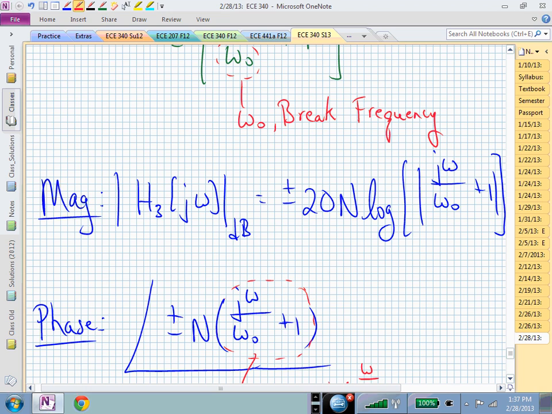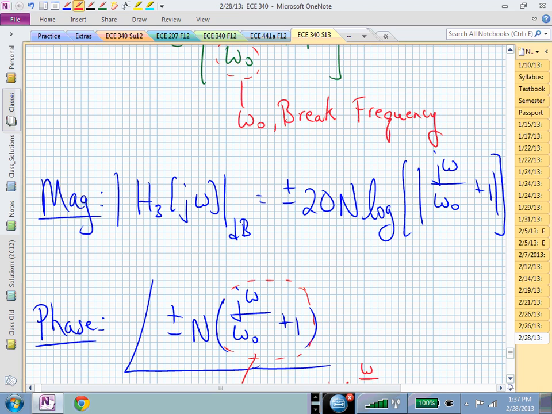What's the magnitude of 1 plus J1? That's the square root of 2, isn't it? That's actually going to give us then 2 raised to the 1/2. Well, we pull the 1/2 out and we'll have a 10 log of 2. What did we say log of 2 was? 0.3. So now we have 10 times 0.3, that's 3.